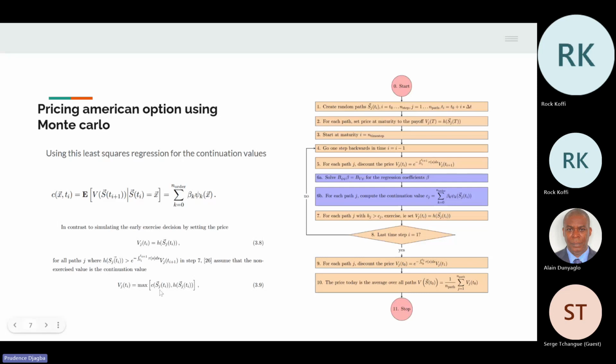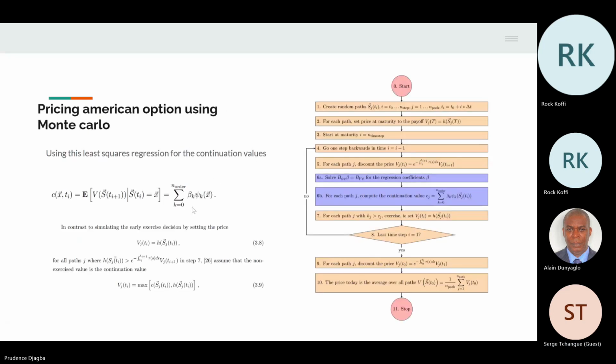That's equation 3.9. You need to read the article as a whole. You have quite a few algorithms, and probably this is just one of them. Okay, but you don't use the continuation value. There are two possible values, like you said, which makes sense. The continuation value is used to compare. Okay, thank you.